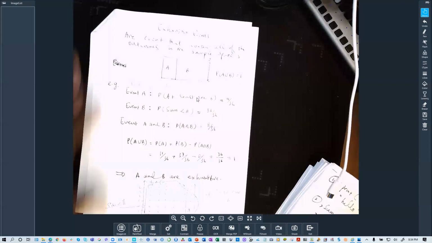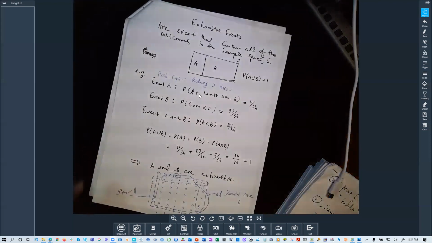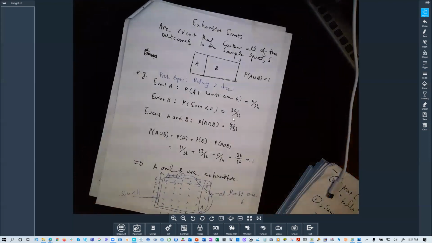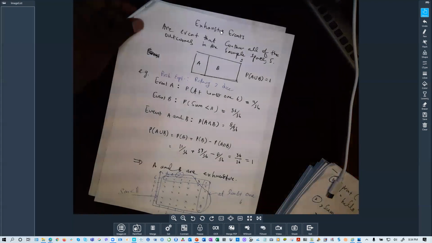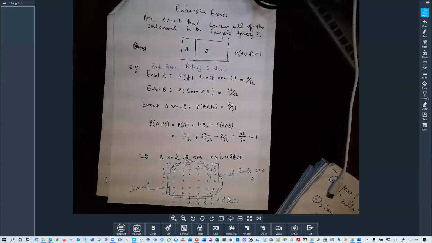On the other hand, here the same thing again. We were talking about at least one 6 this time. At least one 6, and here 2 6s are here. It can have at least 1 or 2 or more than 1: 1, 2, 3, 4, 5, 6, 7, 8, 9, 10, 11. See, it's been repeated twice. You're not going to count this one twice. And the sum is less than 11.